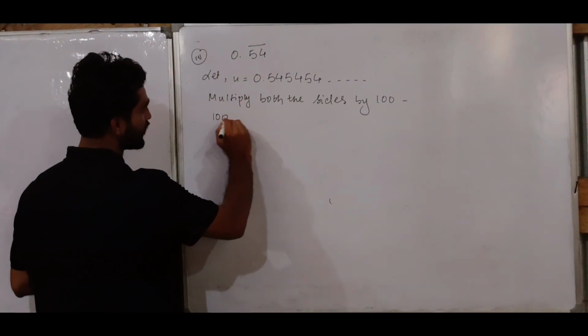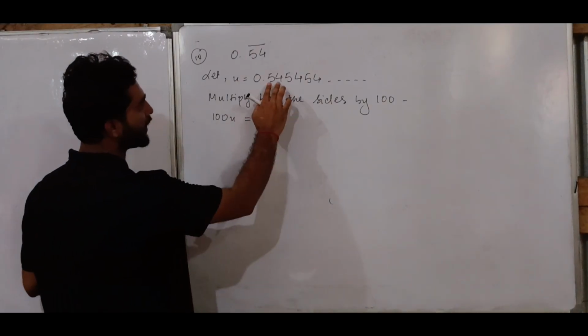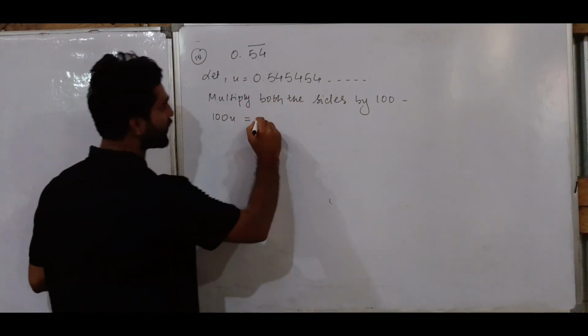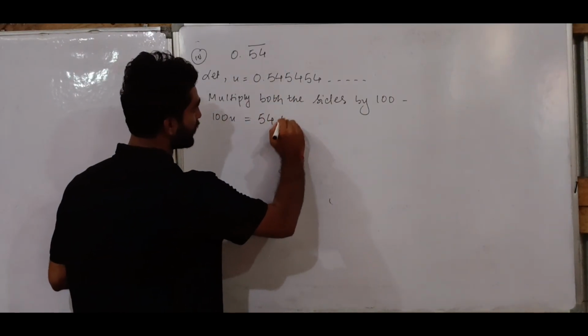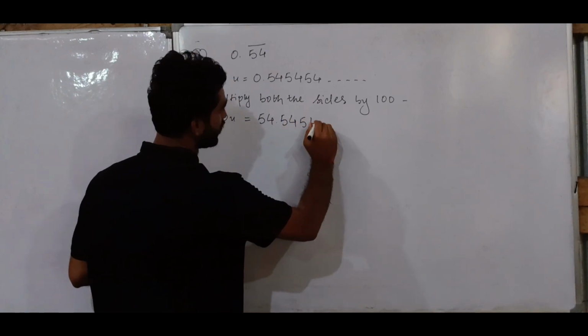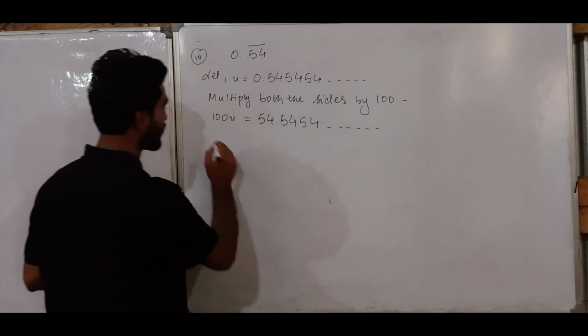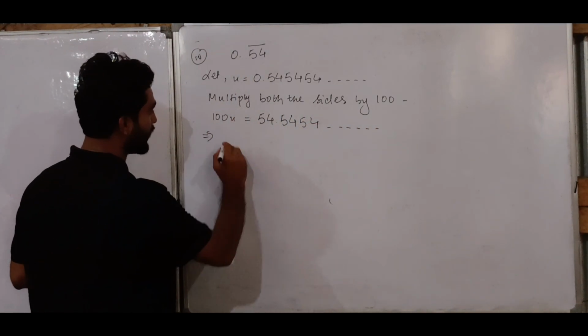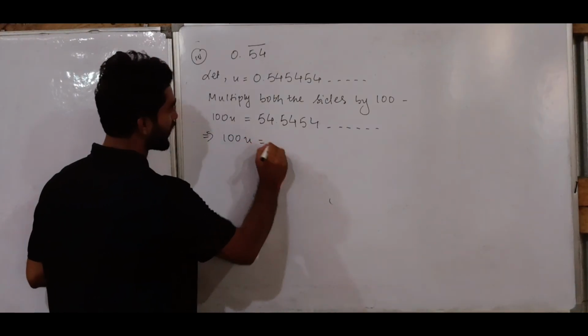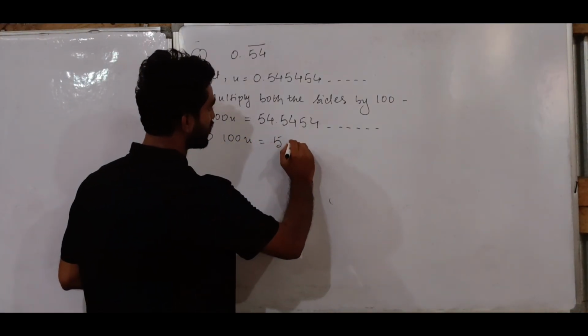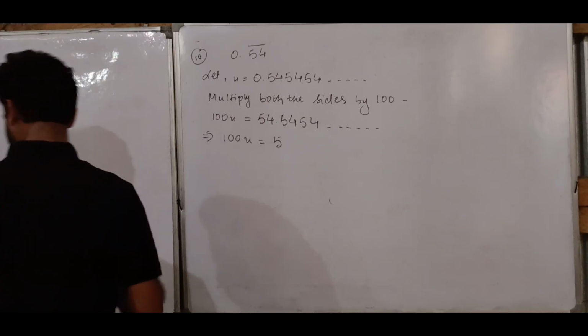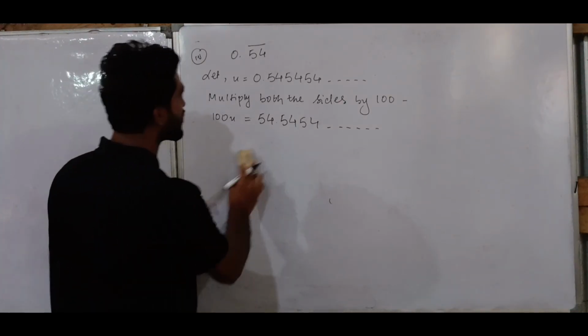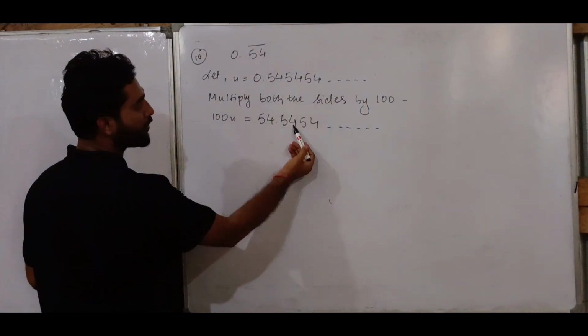So what will you get? 100x. If you multiply, two digits will come before the decimal point. This will be 54.5454 like this. So this will be 100x is equal to, okay. Now here you see both the equations you observe.